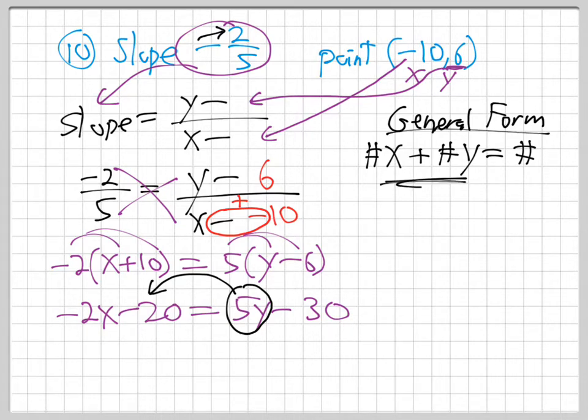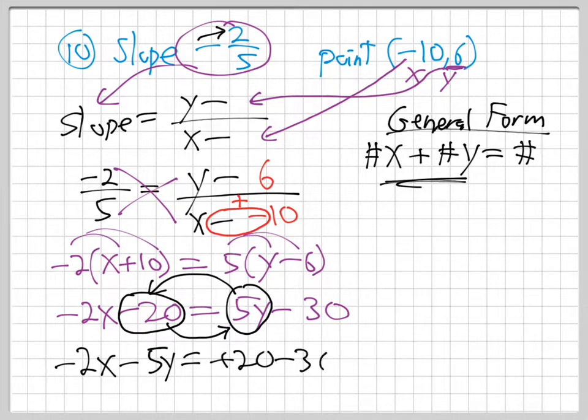That's the form they want, the general form. So when he jumps over there, he's going to become a negative 5y. He was a regular 5y on the other side. And also, I need this minus 20 to jump to the other side, and he becomes a plus 20, doesn't he?